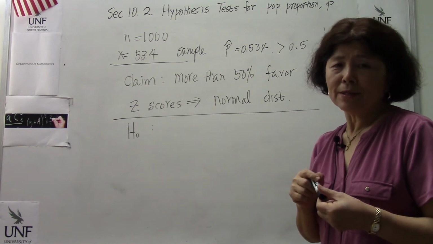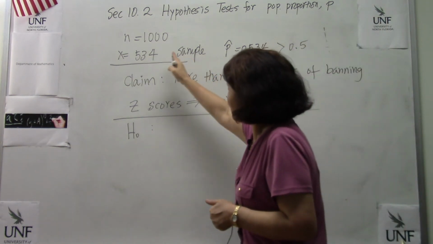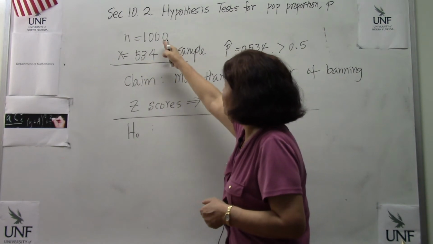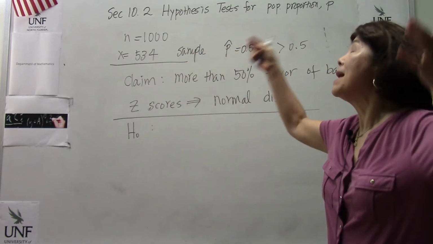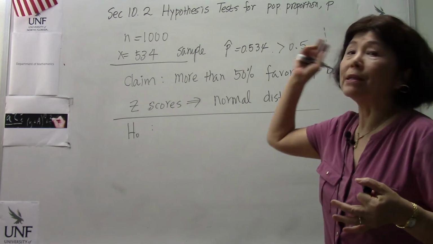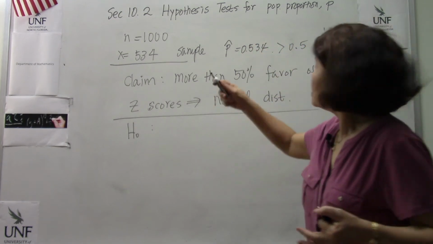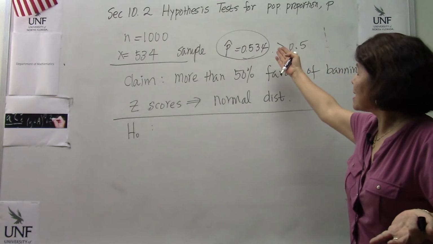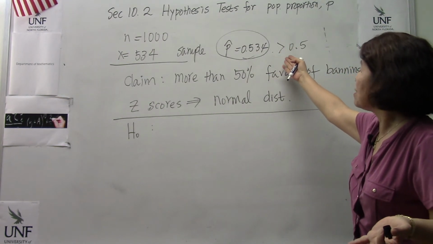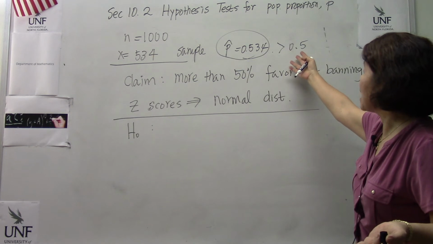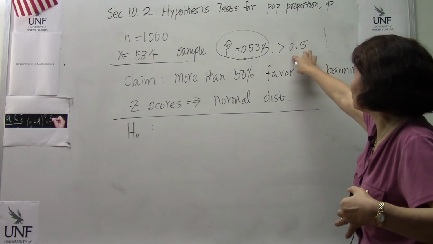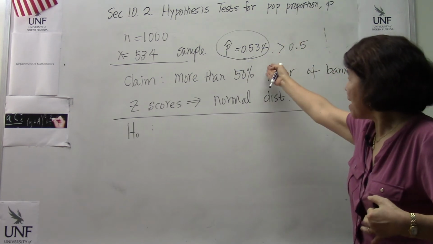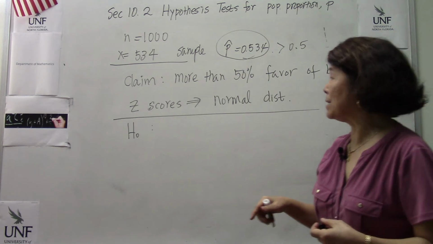What does it say? What you see here, 534 out of 1,000 people in the sample. This is our sample proportion. So this one has to be p hat. And it is asking, can you believe that more than 50% of people are in favor of banning cell phone use while driving?